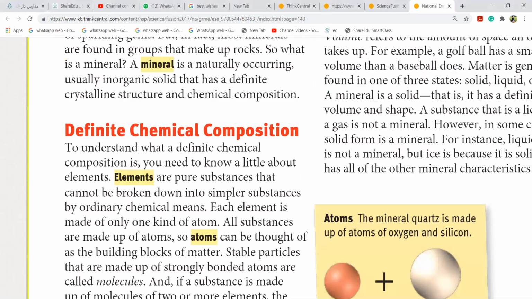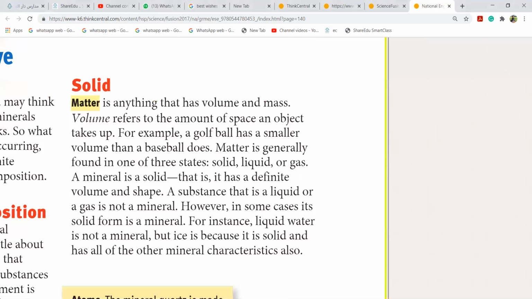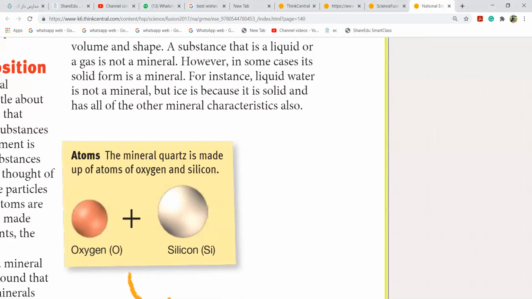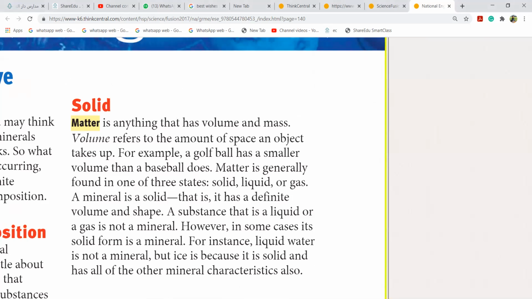Coming to matter. Matter is anything that has volume and mass. Please read this out, Miral.